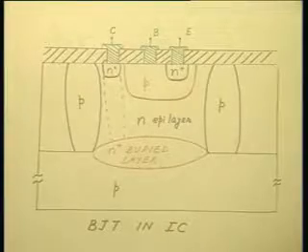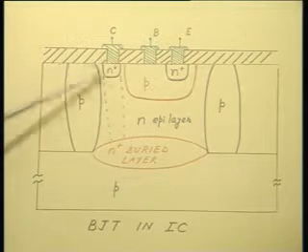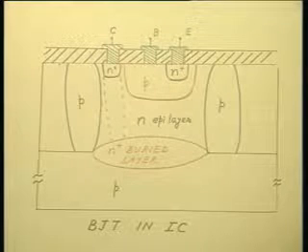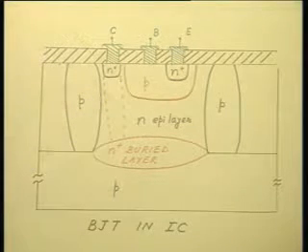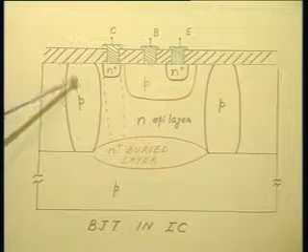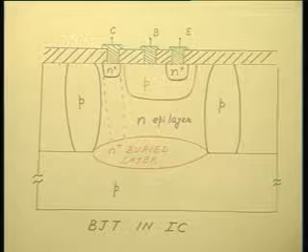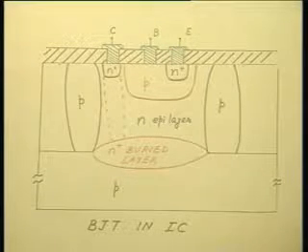The other drawback is, of course, you see this junction isolation is p-type, okay? And my base is also p-type, and in between I have the collector N region. So, along with my vertical NPN transistor, I have a parasitic PNP transistor comprised of the isolation, the collector and the base of my active transistor.